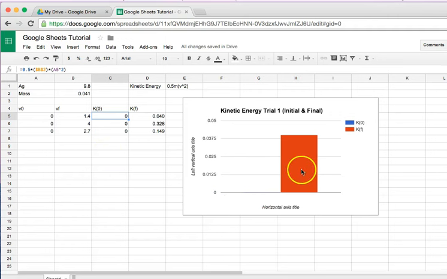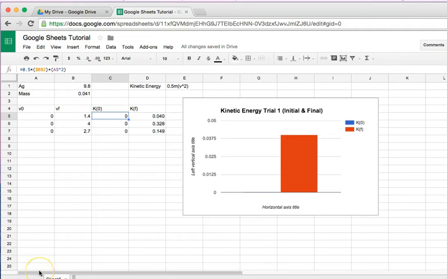My K final, though, was 0.04, and if you look at this, what's great about Excel is they've already graphed it for me. I don't have to do any of the scaling, but I'm at 0.04, and that is showing me how much kinetic energy I had from my mass times final velocity, okay?